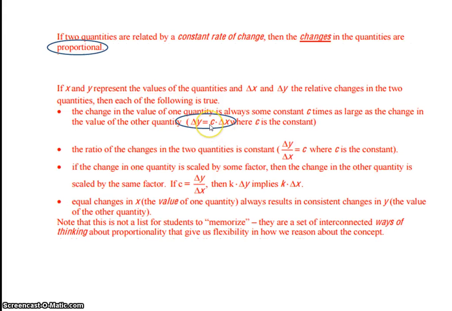We're going to call that the constant of proportionality in this case. Algebraically speaking, we could take this second statement and rearrange those three values into this statement if we just divide both sides by delta X. But it's another way of looking at proportionality. If change in Y and change in X are proportional, then their ratio is a constant.